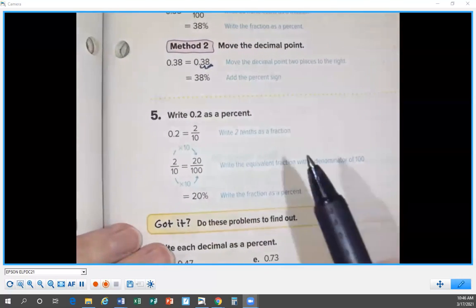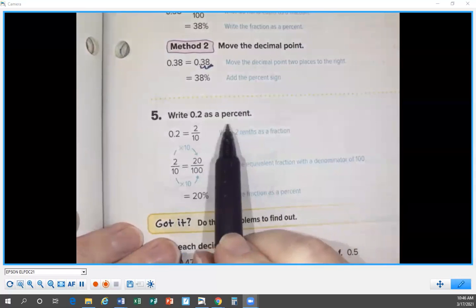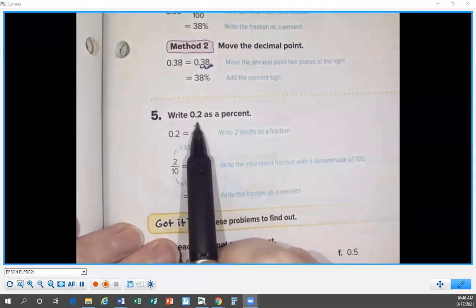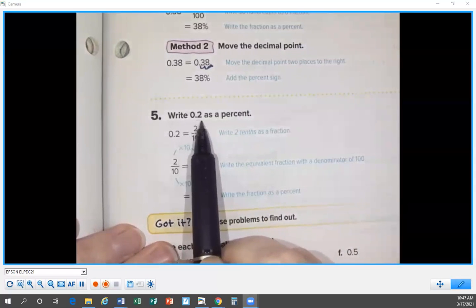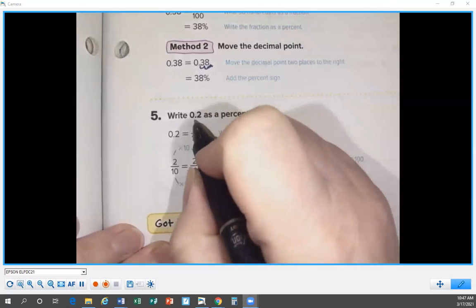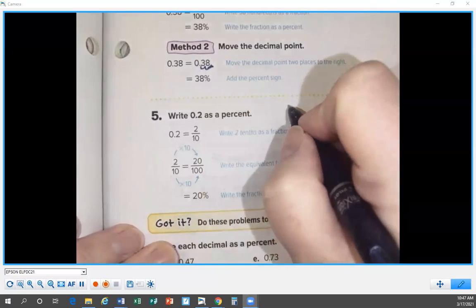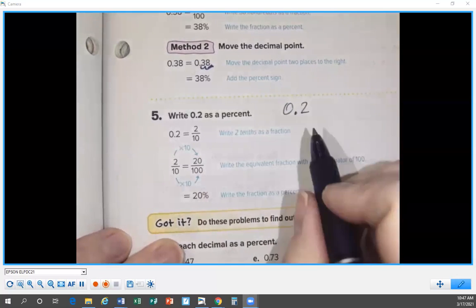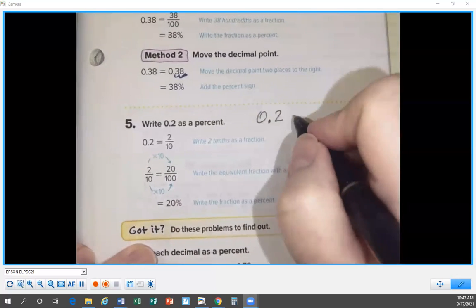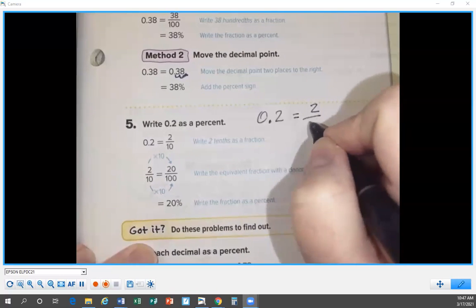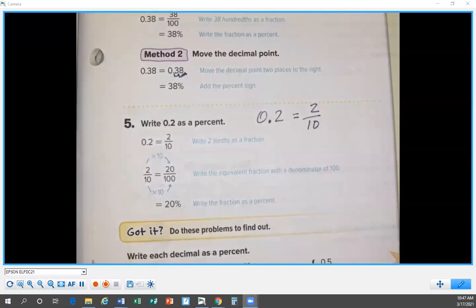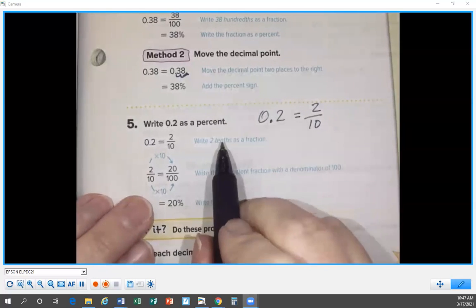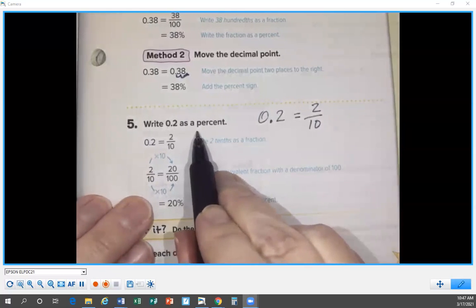Write 0.2 as a percent. I'm going to read this correctly. Mathematically, we read 0.2 as 2/10ths. That is the 10ths place. So when I write it as a fraction, I write it as 2/10. Now I want to make that into a percent.